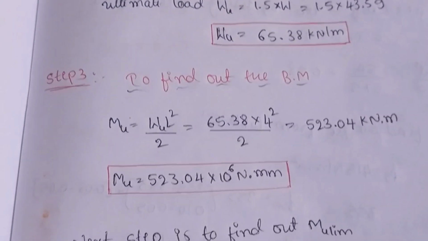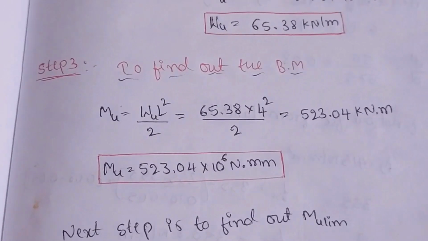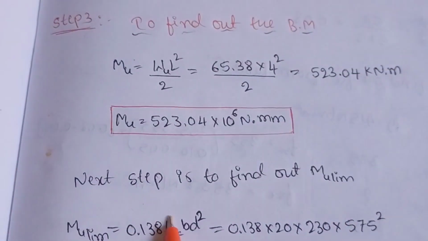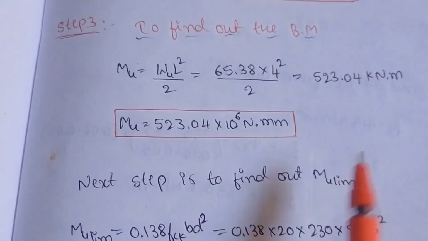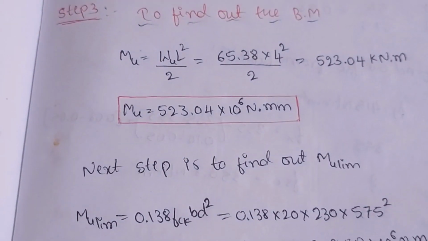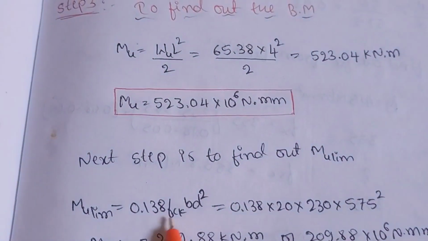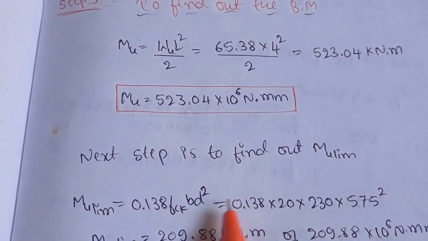After the calculation of Mu, the next step is to find out the Mu limit. For that we have the formula: Mu limit is equal to 0.138 FCK BD square.